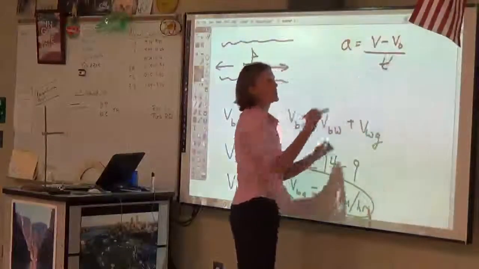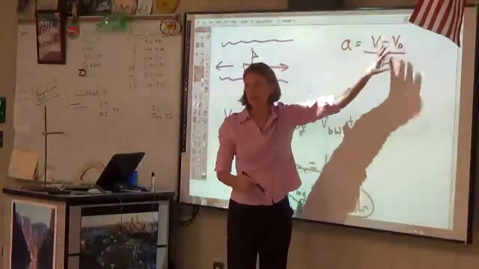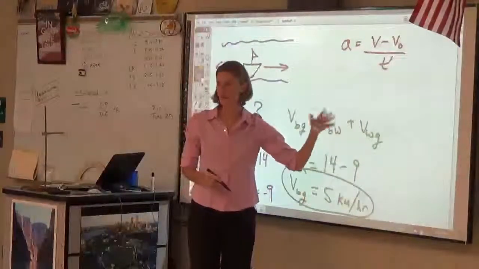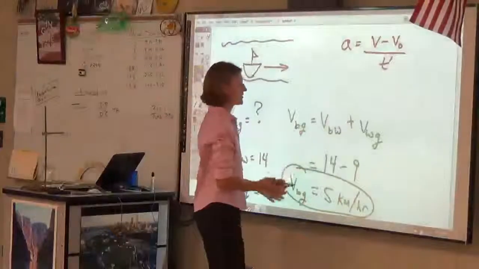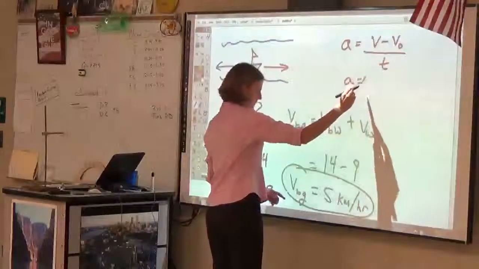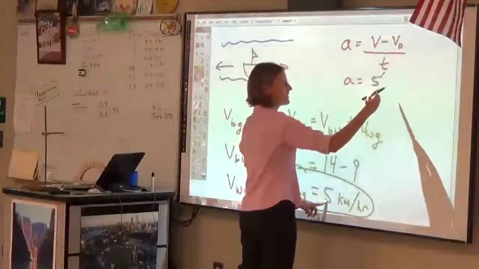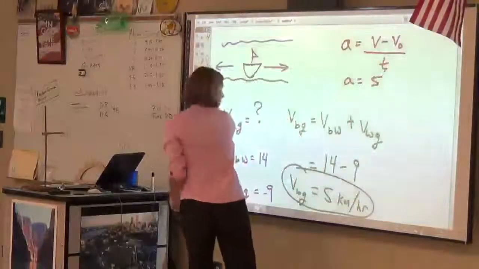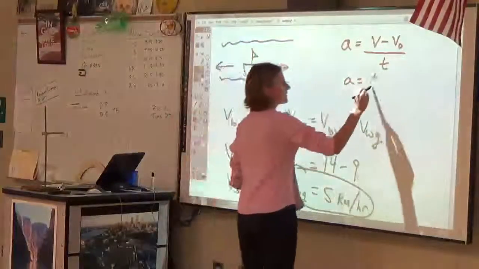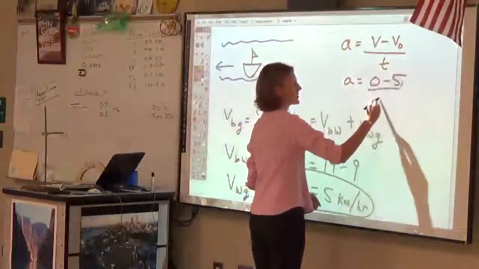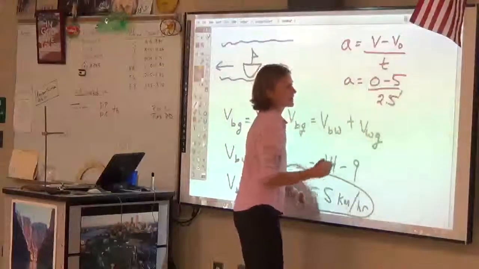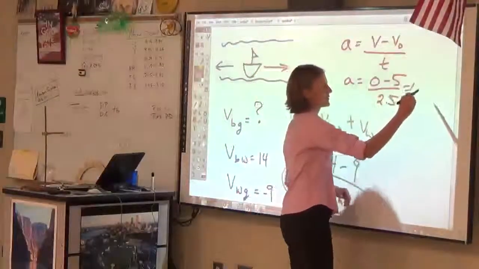But it's got to be relative to the same thing. I can't just pick different boat velocities relative to different things and plug them in. So these are both relative to the ground. So we get 0 minus 5 over the time of 2.5, assuming my units were the same, but they're not.